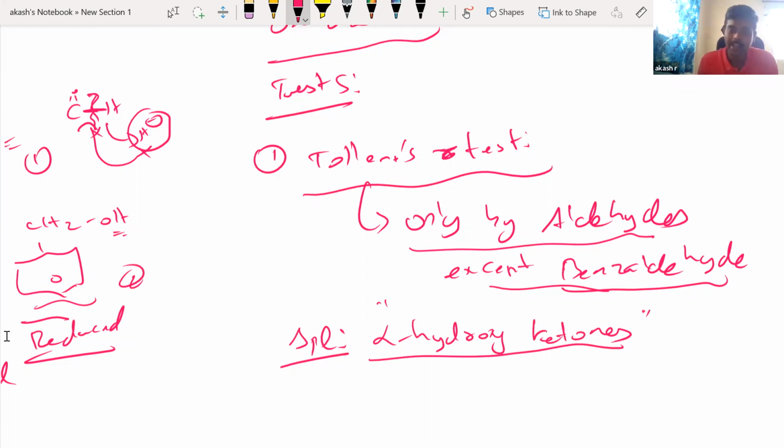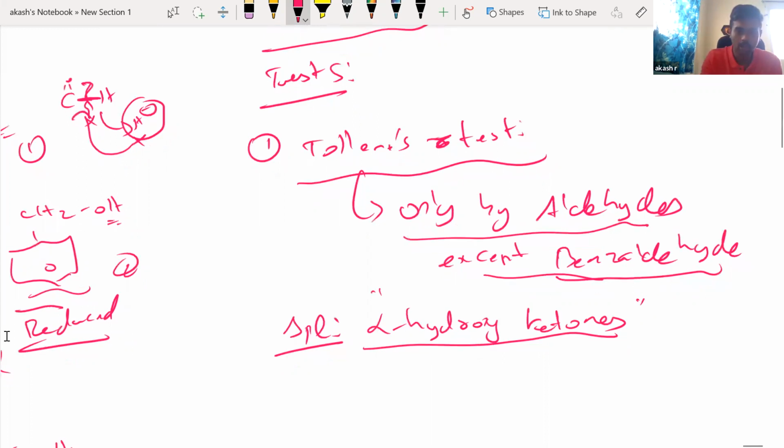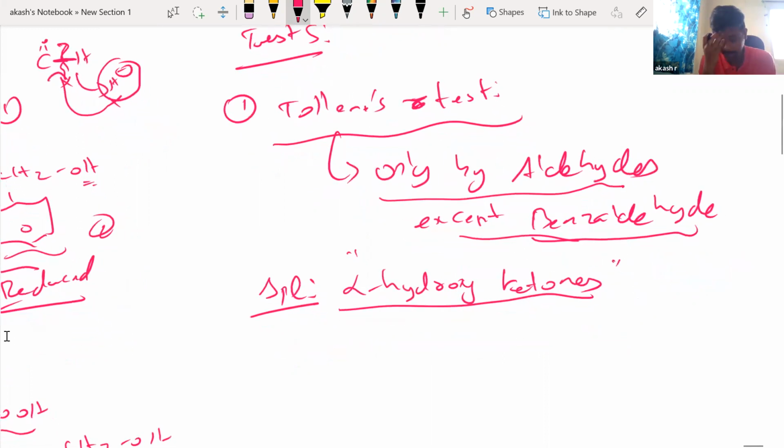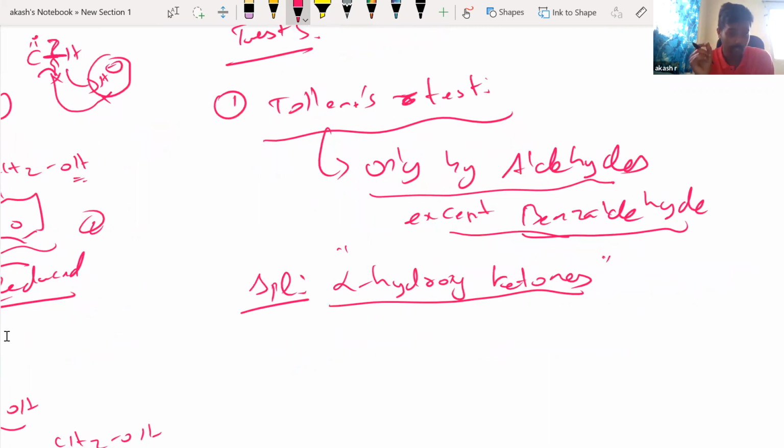Alpha hydroxy ketones can give a positive test for Tollens and Fehling's both. In this case, we're talking about Tollens. This was the reason why fructose, if you can remember, was actually a ketose, having a ketone functional group, but still it was a reducing sugar. Why?